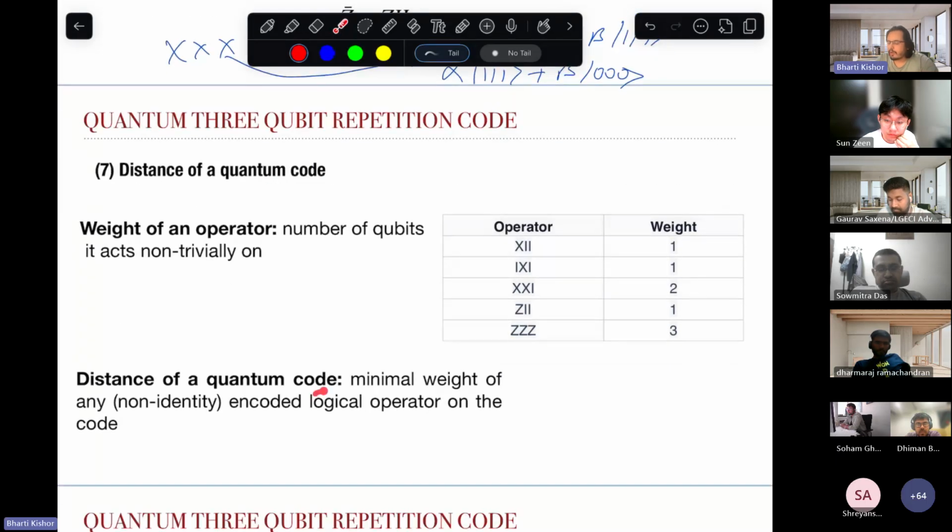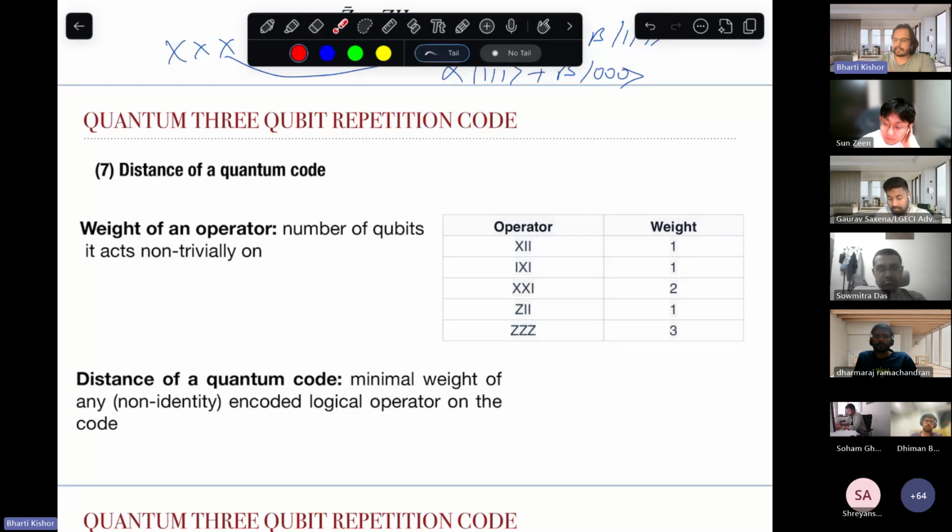Now, distance of a quantum code is the minimal weight of any non-identity encoded logical operator on the code. And it makes sense, right? Because in the classical case, it was the number of bit flips required to transform one code word into another, like the minimum number of bit flips. And how do you go from one code word to another? Through some logical operation.